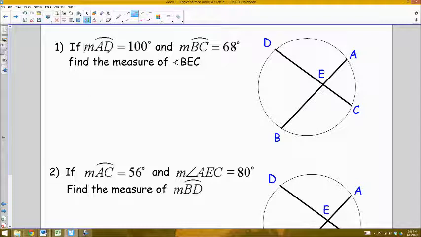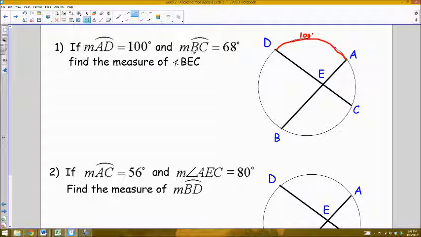First, I tell you that the measure of arc AD is 100 degrees. Now, one thing I recommend when you're doing questions like this is to have either highlighters or colored pencils, because it can help you in highlighting what arcs you're talking about. So I'm going to highlight arc AD, and I'm going to label it 100 degrees.